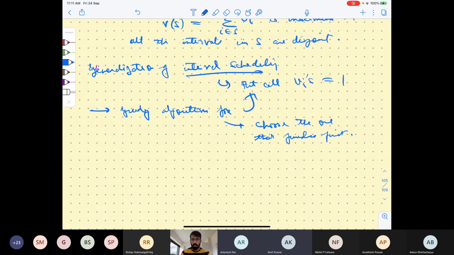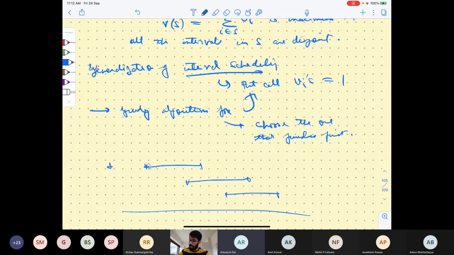We can have only two intervals where the one which finishes first is of lesser value and intersects with the second one. To make the example slightly more non-trivial, you have this interval, let's say this is the first interval. Then you have a second, and you can have a third also.